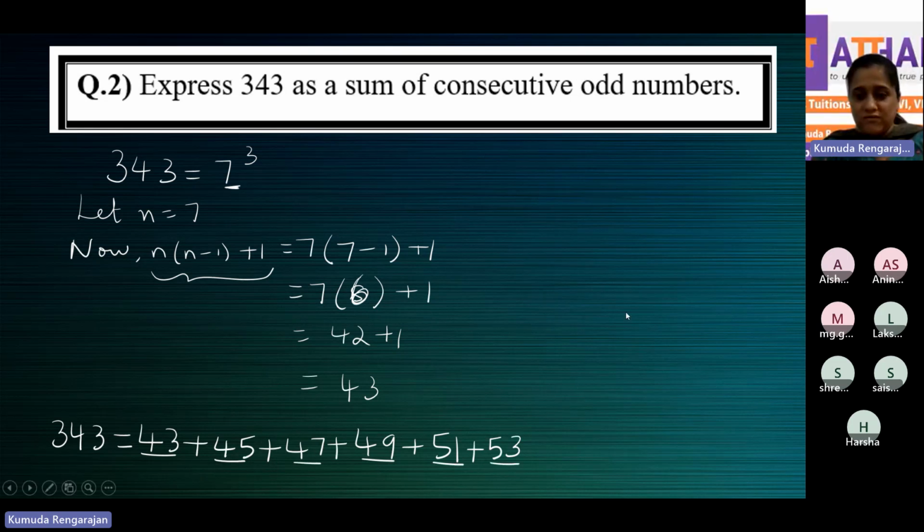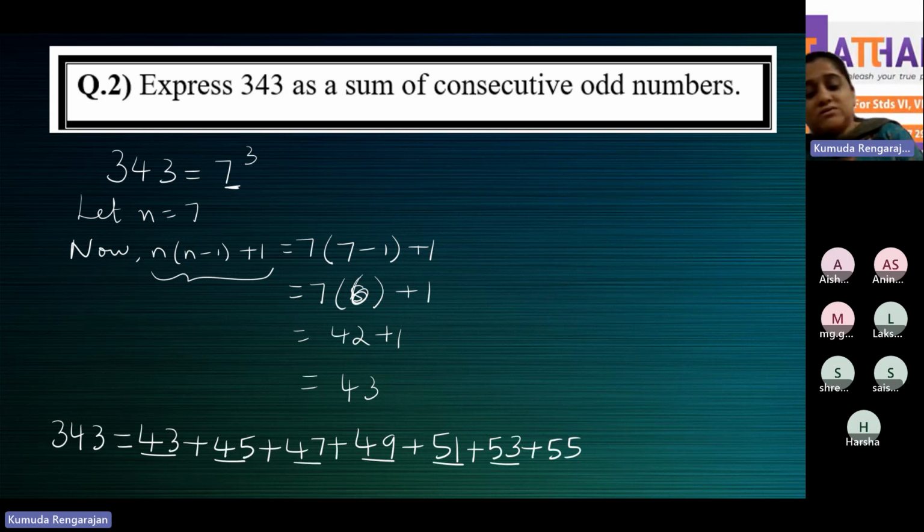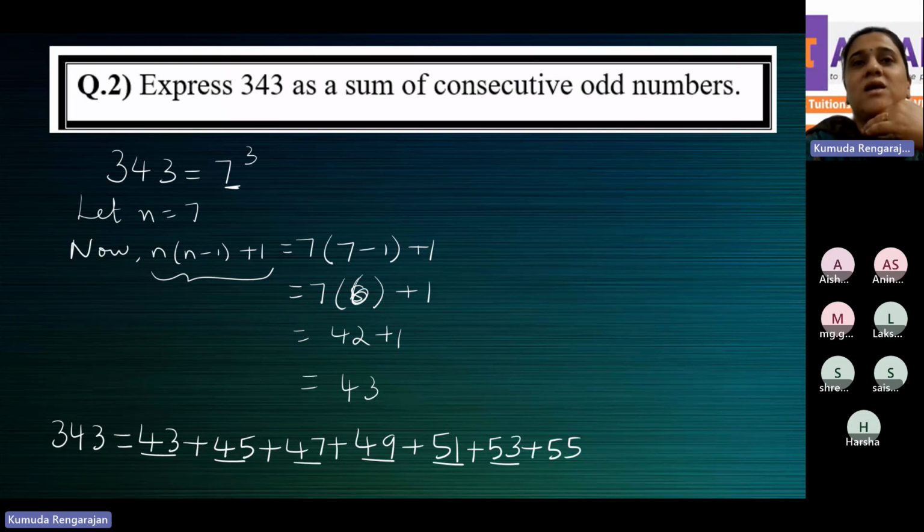One more, 55. Yeah, very good. This is the answer. The question is: express 343 as a sum of consecutive odd numbers. So 343 is equal to 43 plus 45 plus 47 plus 49 plus 51 plus 53 plus 55.